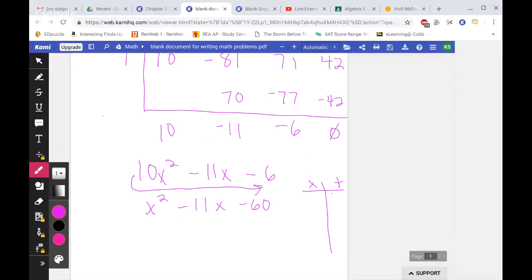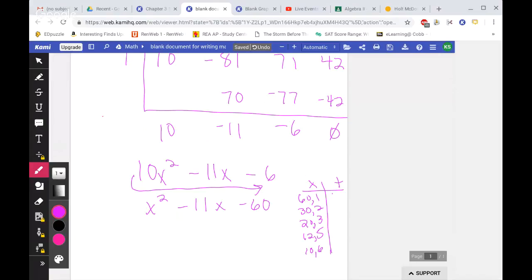So we've got 60 and 1, and there's so many factors. 30 and 2, and 20 and 3, 12 and 5. I'm trying to think of them all. 15 and 4. What am I leaving out, gentlemen? 10 and 6.